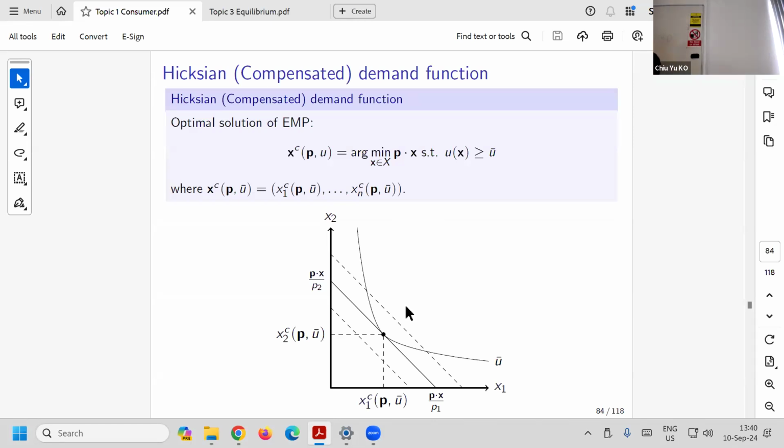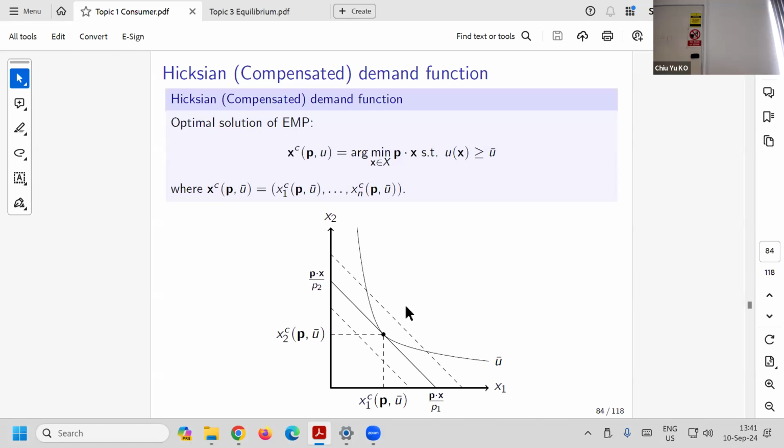And what we have turned out to be a very interesting thing, another demand function, right? Because this demand function actually depends not on price and income, but on price and utility level, right? So this is what we call the Hicksian demand, or compensated demand. Okay, so given this, I minimize this.